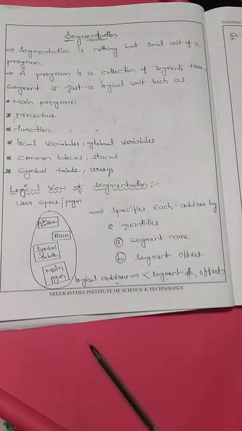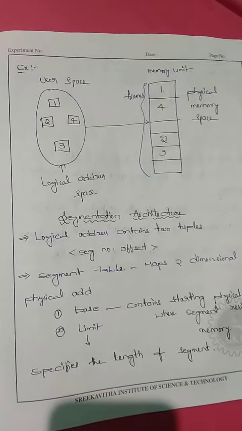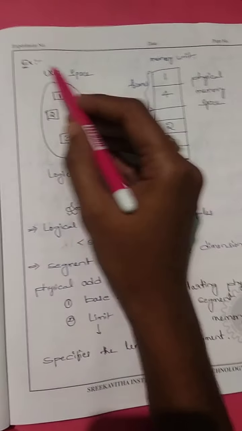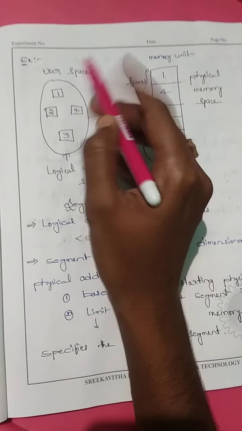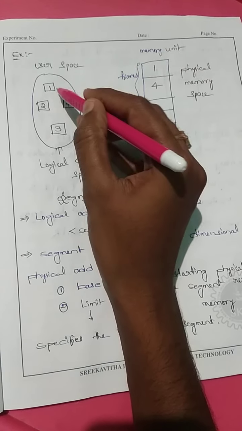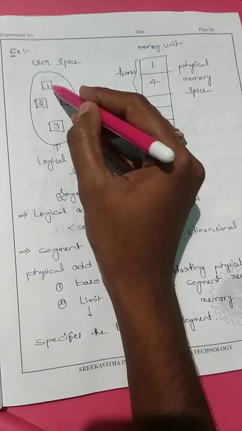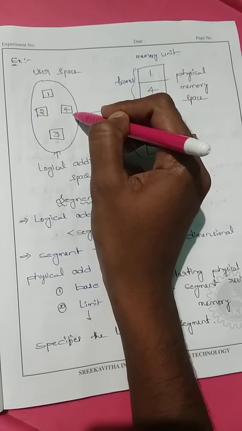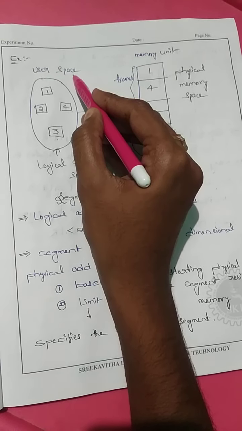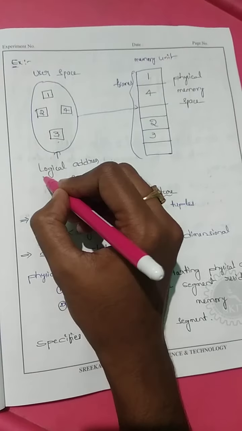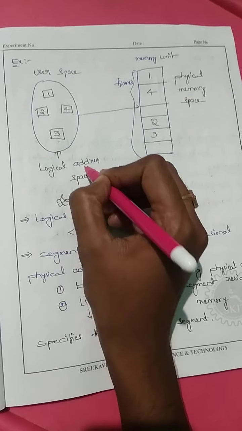Let me see one example. Here is the user space, and in total we have 4 segments: segment 1, segment 2, segment 3 and segment 4. When the user writes the program, it is converted into a logical address.